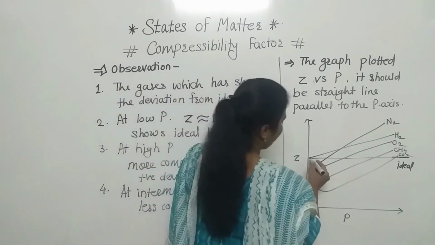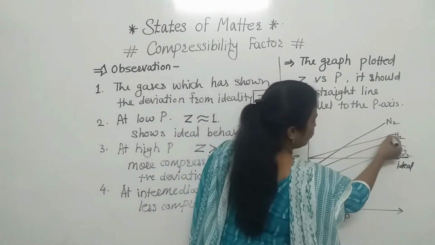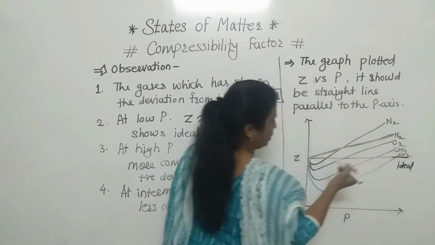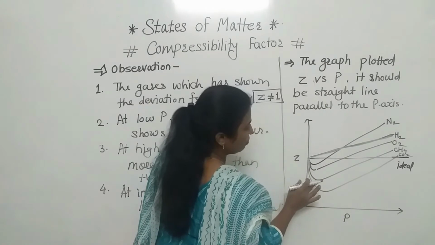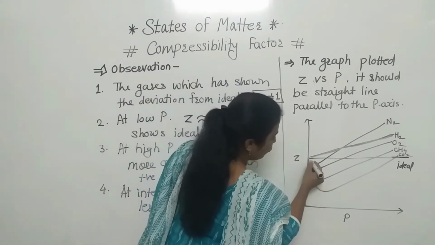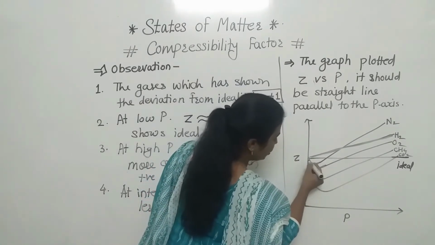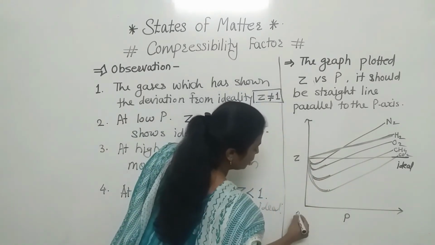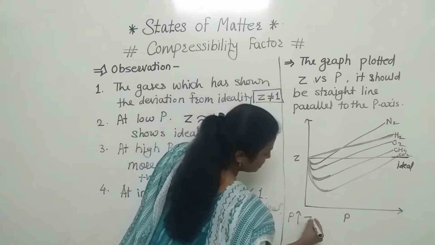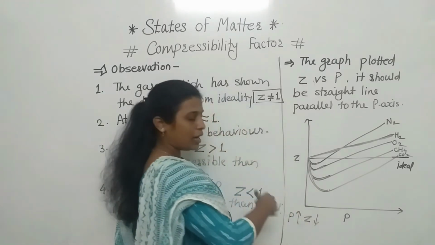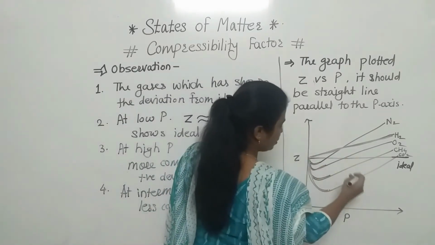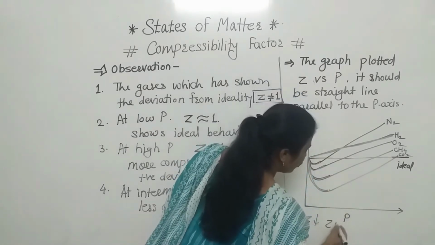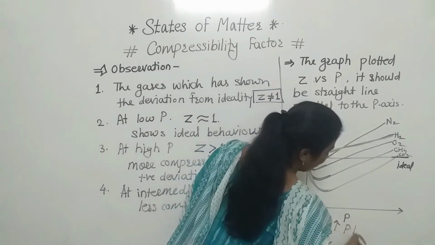Now if we consider the graph for hydrogen, it increases with the pressure. But the remaining gases have shown that firstly the Z value decreases with the pressure, and after some pressure, the Z value increases with the pressure.